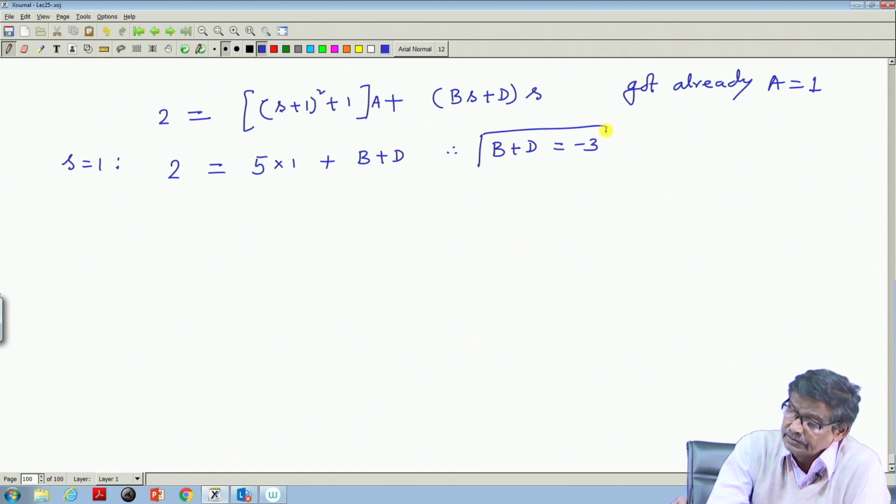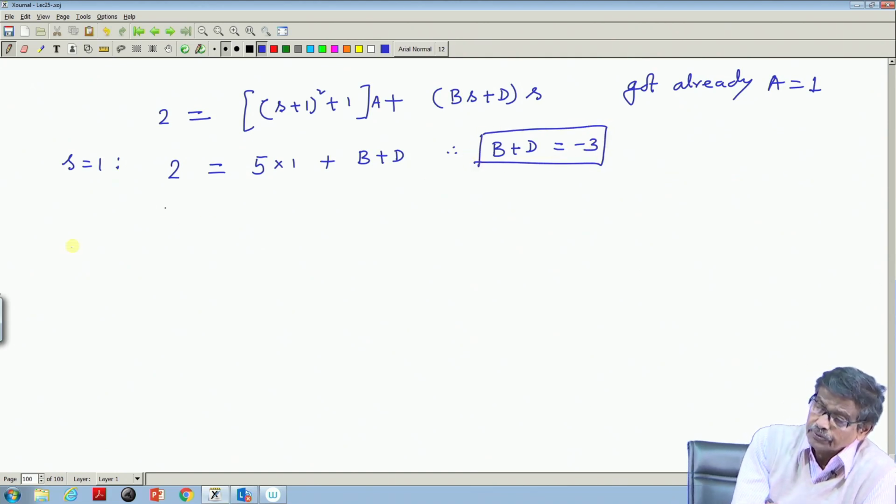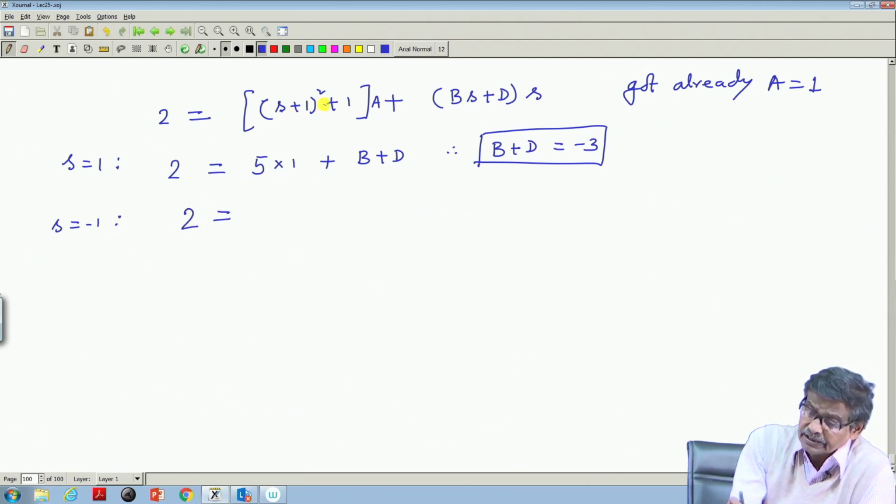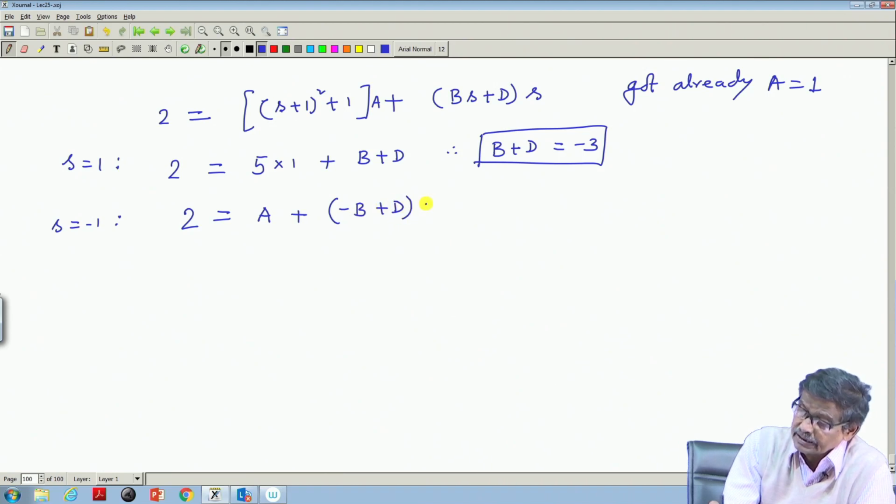This is one equation. Another equation: you put S equal to say minus 1 on both sides. The left hand side is 2, this will become only A, this goes 0, A into 1 A, then plus this will be minus B plus D, and once again minus 1 into S, but A is equal to 1.